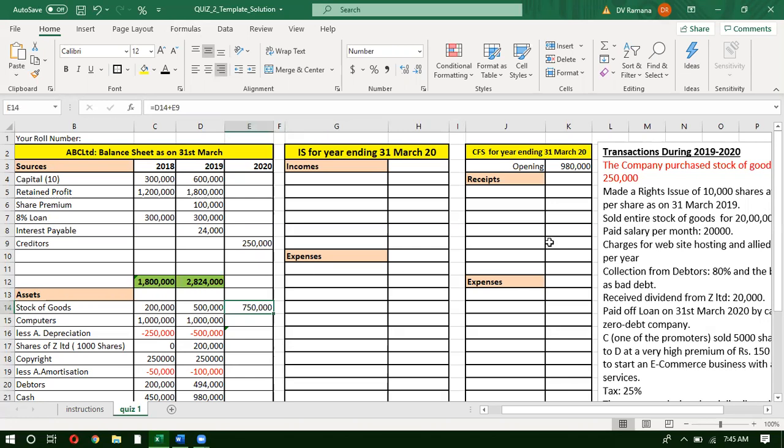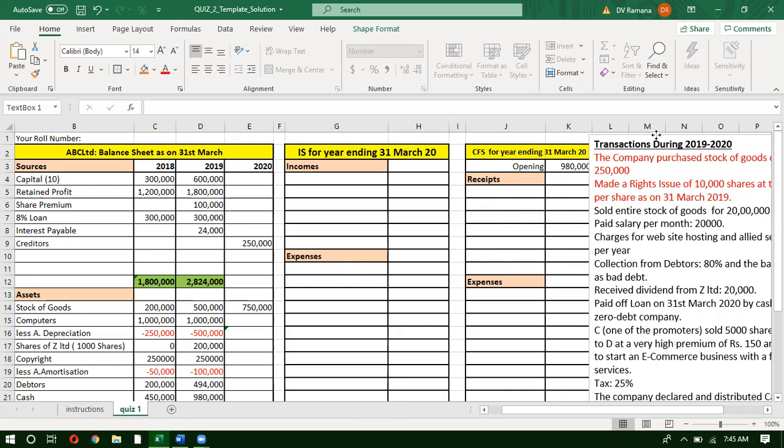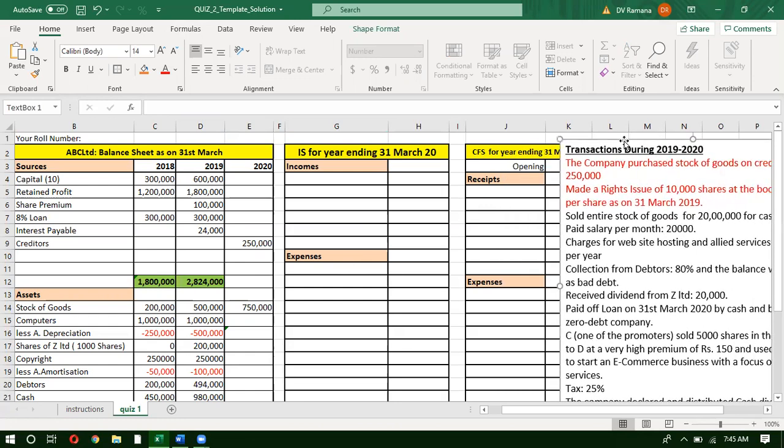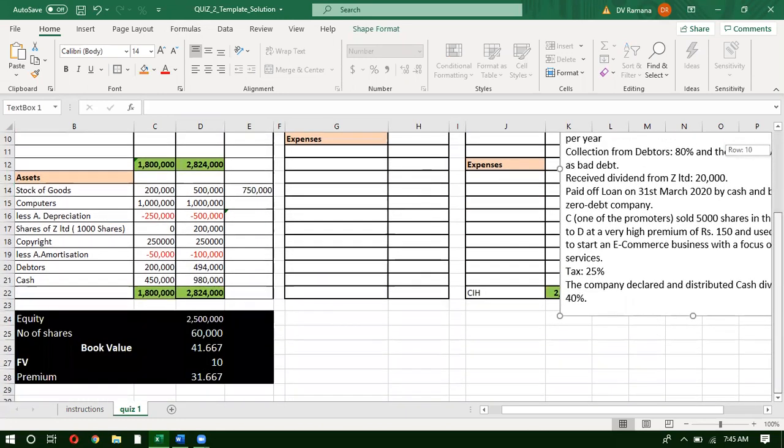Made a rights issue. The company raised further capital by making a rights issue to the existing shareholders at the book value per share as on 31st March 2019. So the rights issue is 10,000 shares at the book value as on 31st March.